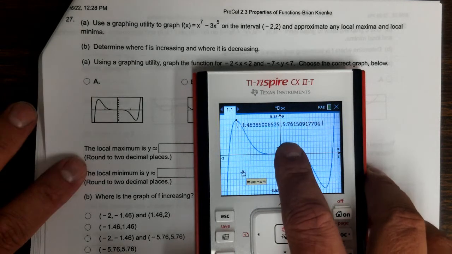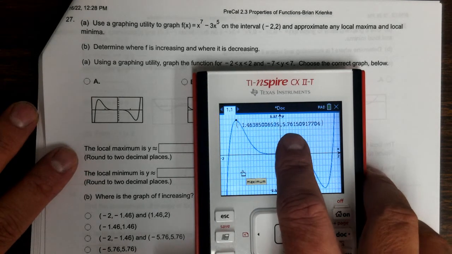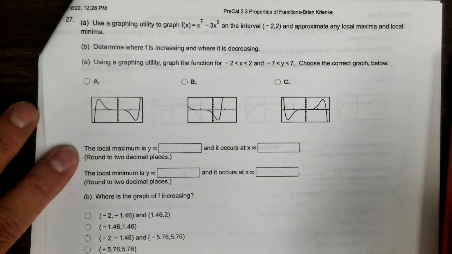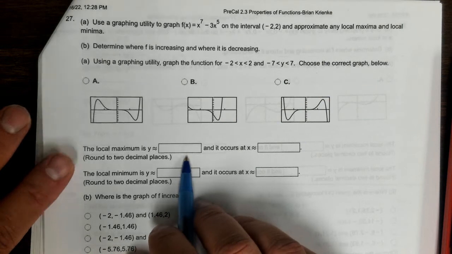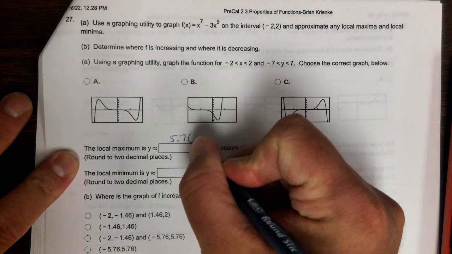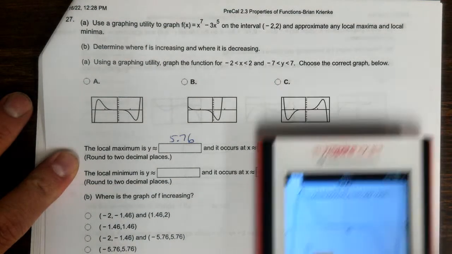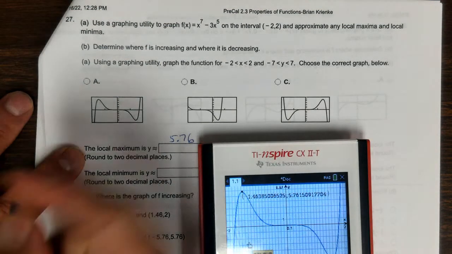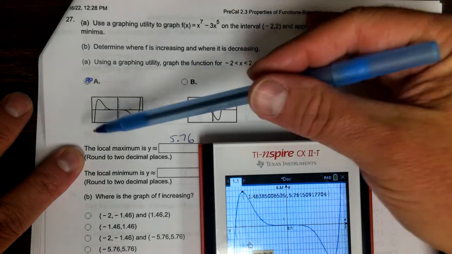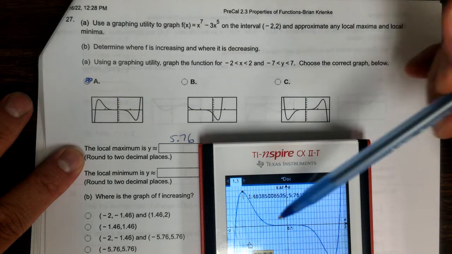So I get my y answer to be 5.76. Oh, and by the way, the graph looks like A because it's lowest down here and then it goes.